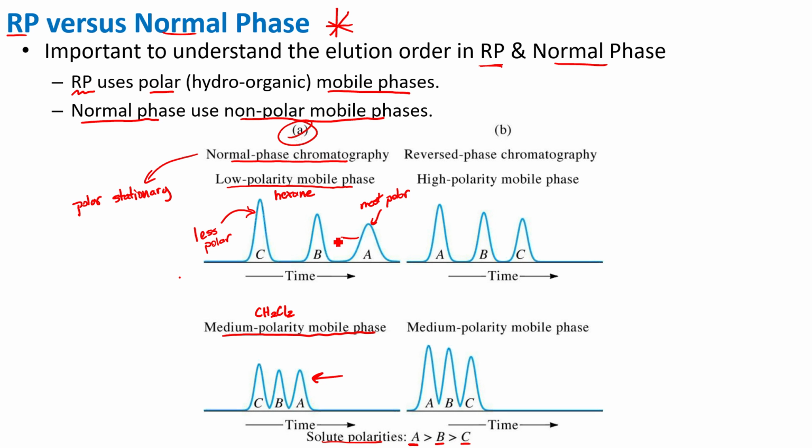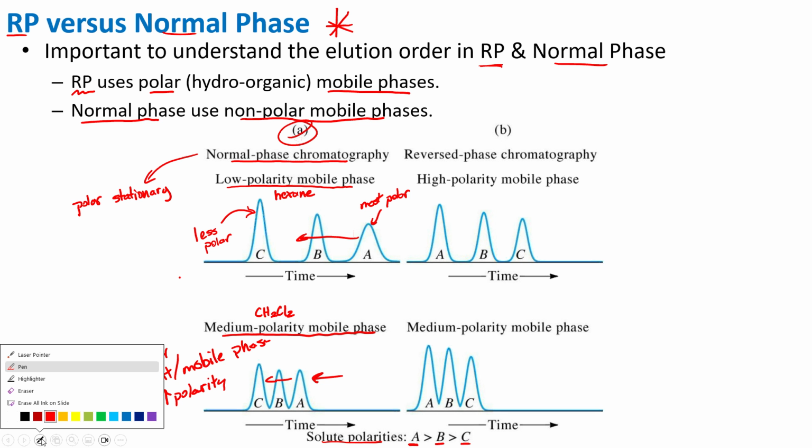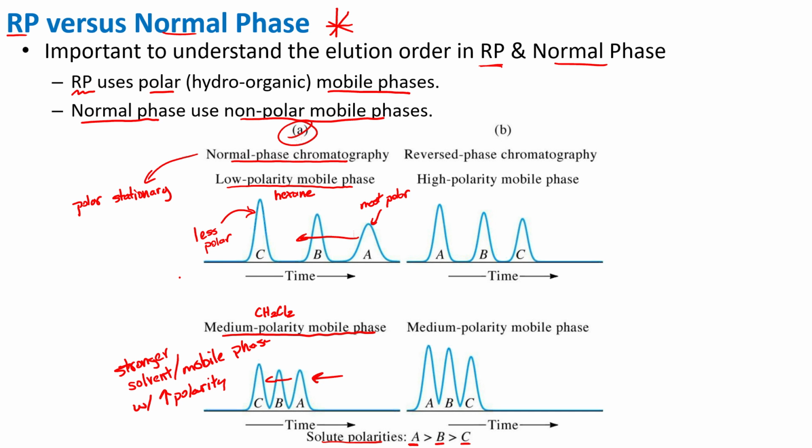The retention order doesn't change, everything just migrates a little bit sooner, because this is a stronger solvent, a stronger mobile phase, with increasing polarity of the mobile phase. The stationary phase stays the same. All right. So the retention order I expect is going from the least polar thing to the most polar thing.